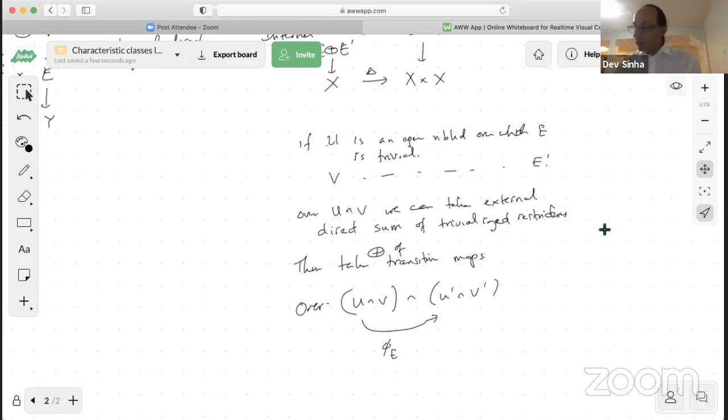And similarly, I have a phi sub E prime over V intersect V prime. And the direct sum of two linear maps is another linear map. And so that's what's giving the overlaps between these trivializations.